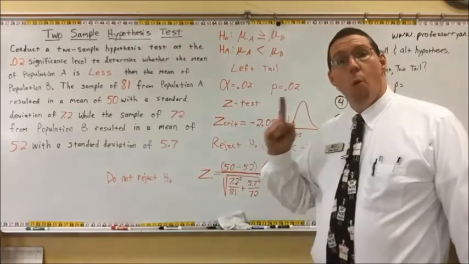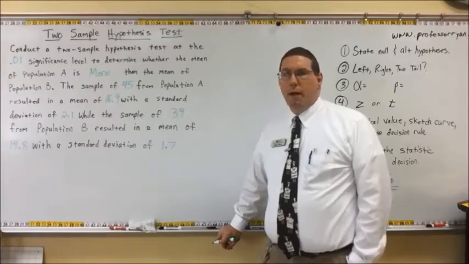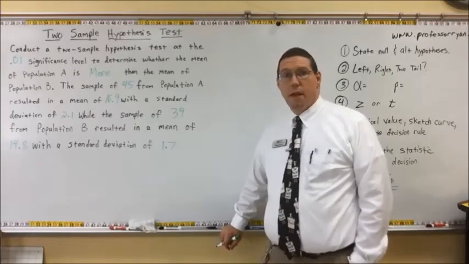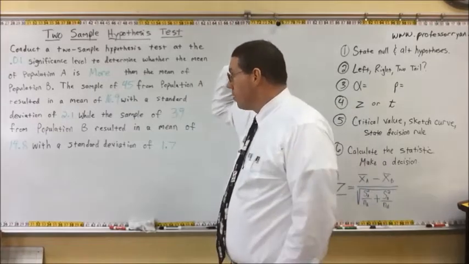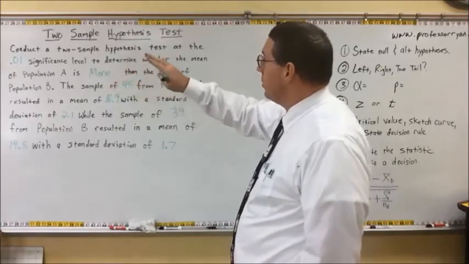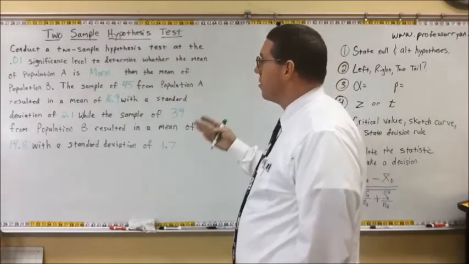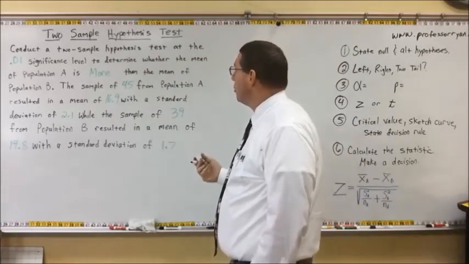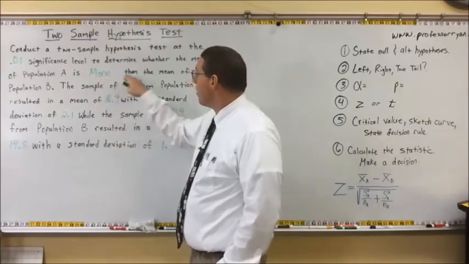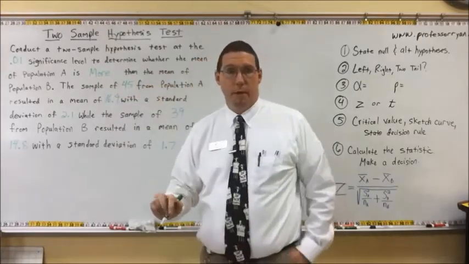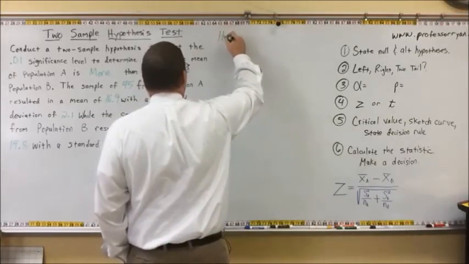Okay, let's do one more example. All right, here's our third example of a two-sample hypothesis test. Hopefully you're starting to get the hang of this. Let's read this. It says, conduct a two-sample hypothesis test at the 0.01 significance level to determine whether the mean of population A is more than the mean of population B. Okay, so we can actually get our null and alternative hypotheses from that.